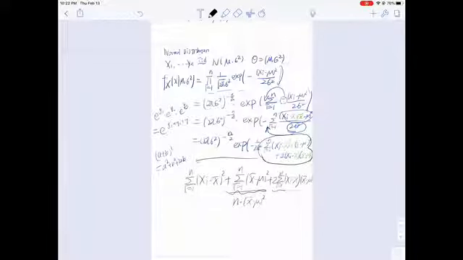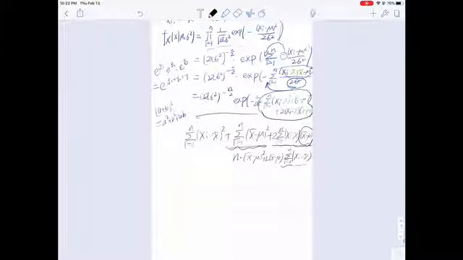And let's look at this other term. Because x bar minus mu is a constant, we can move it outside. What we are left with is the sum of xi minus x bar.